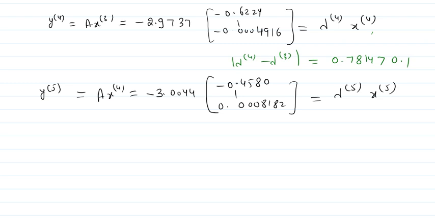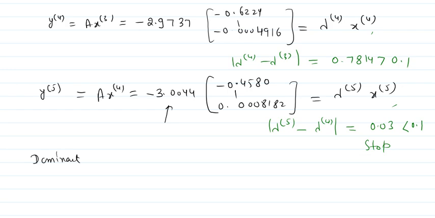Now I find lambda 5 minus lambda 4, that difference is 0.03, which is less than 0.1, so you can stop. So with this notation, the dominant eigenvalue, that lambda, is minus 3.0044 and the corresponding eigenvector, that is called the dominant eigenvector, that is x.